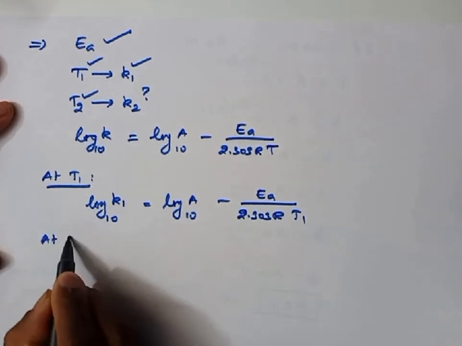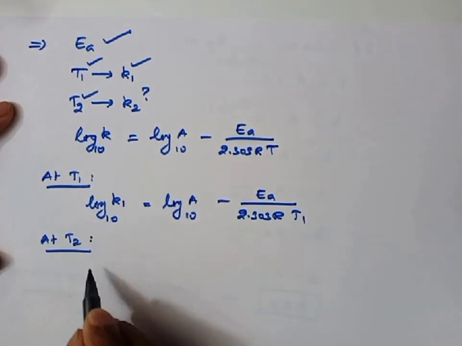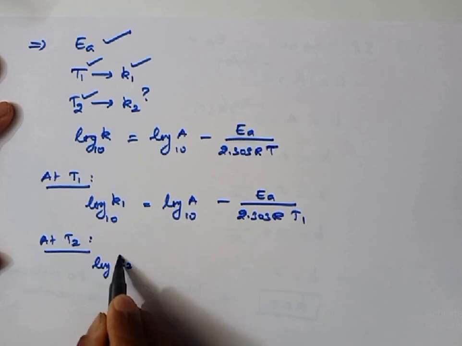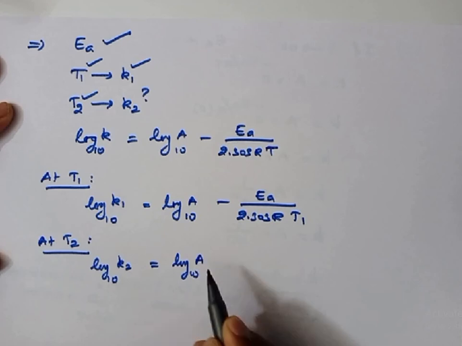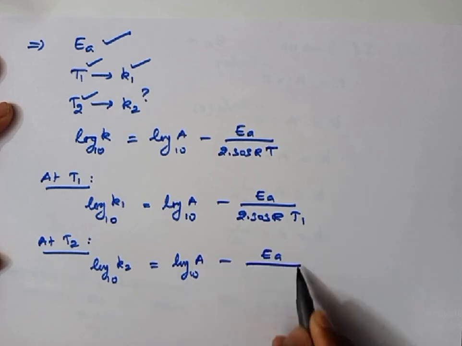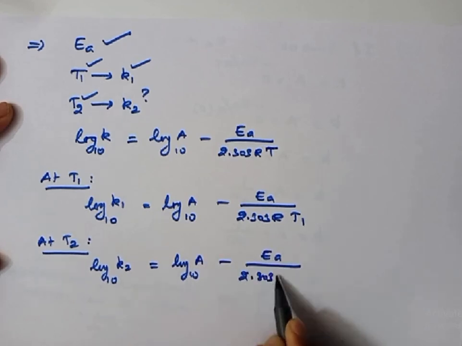Similarly, at temperature T2, log K2 equals log A minus EA by 2.303 R T2.